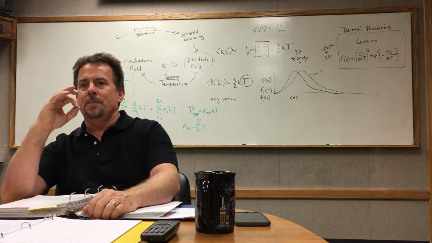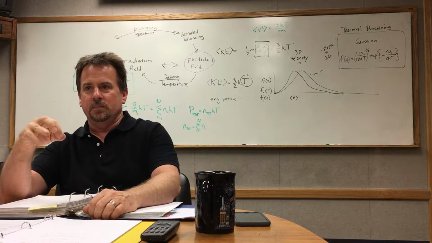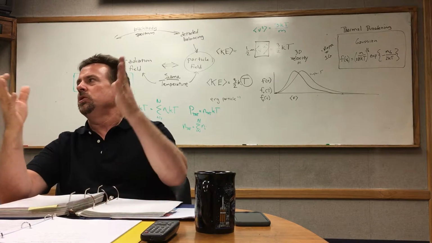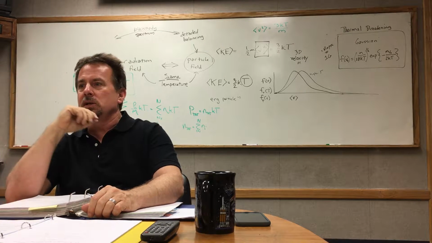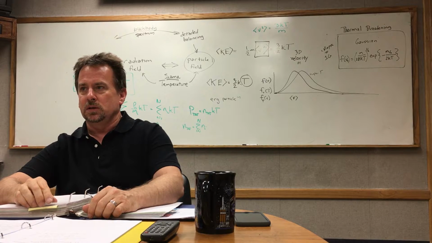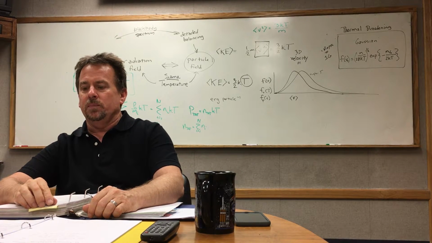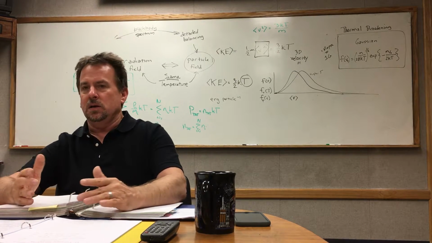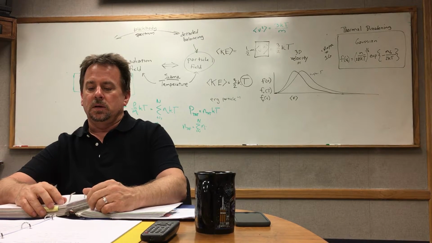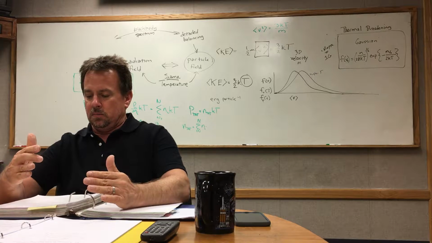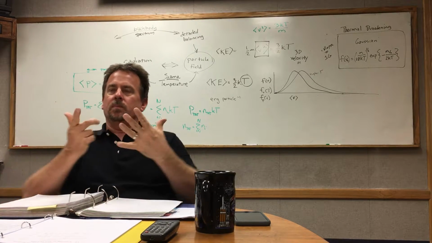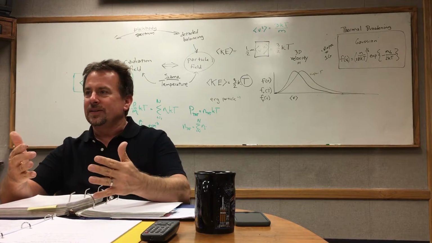Others are going to talk about mass densities. It is 10 to the 2 grams per cubic centimeter is the density. Well, to get the mass density of a gas is kind of complicated because each particle has its own mass.